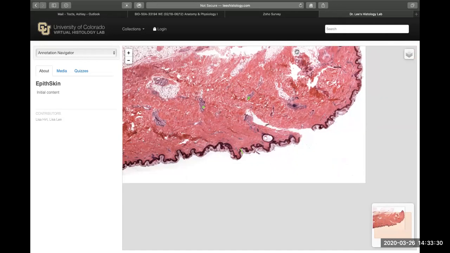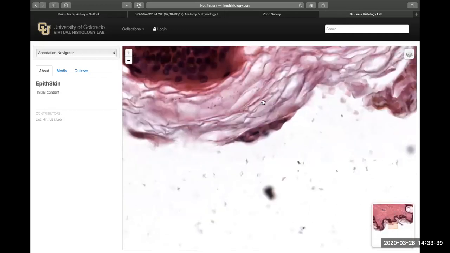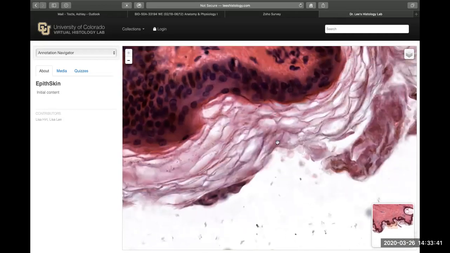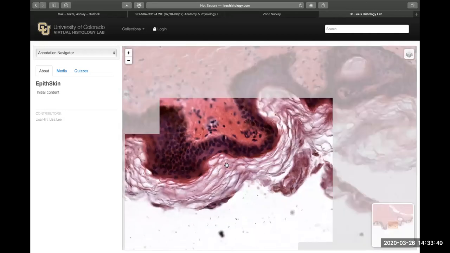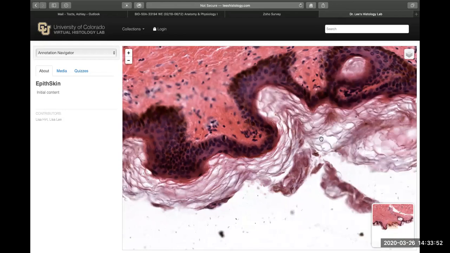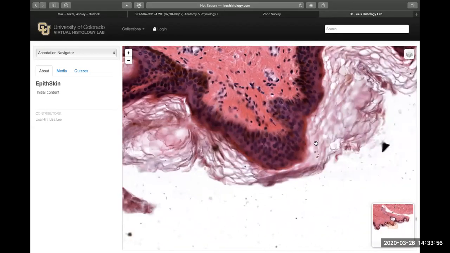So you've got hypodermis here, dermis all through here, and then the epidermis is relatively very thin. The stratum corneum is the thickest part, so it's all this dead stuff here. Then you've got your other layers, which are really hard to differentiate in this picture, and I would not ask you to tell me what layer of the epidermis you're looking at in this picture, besides the stratum corneum, which is the dead outermost part.